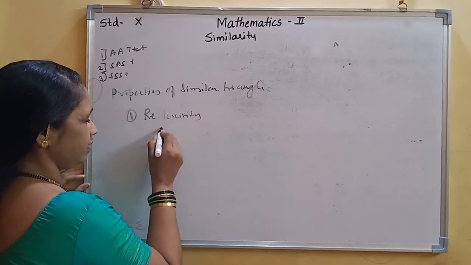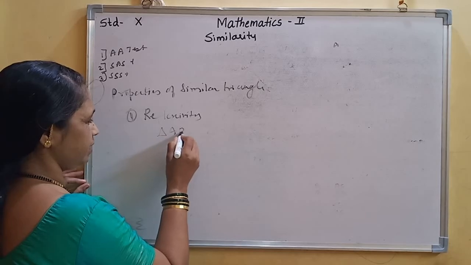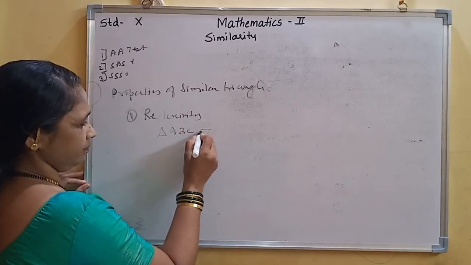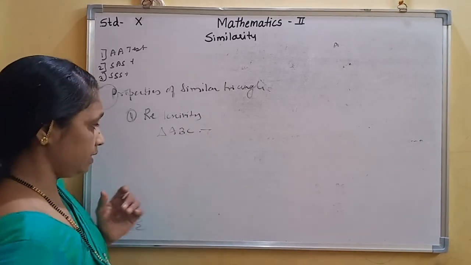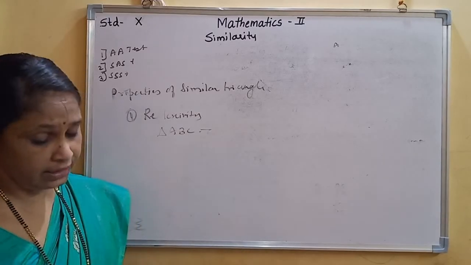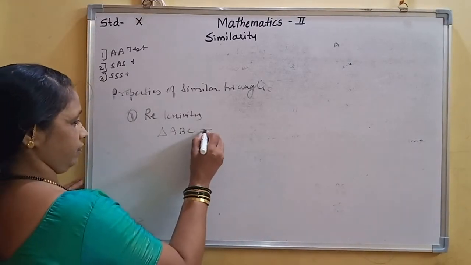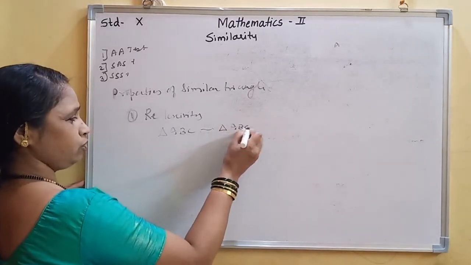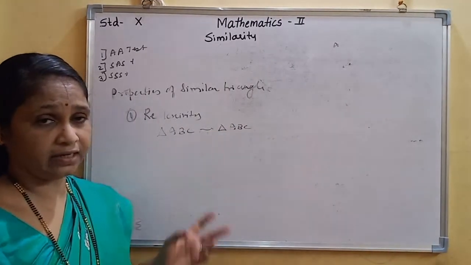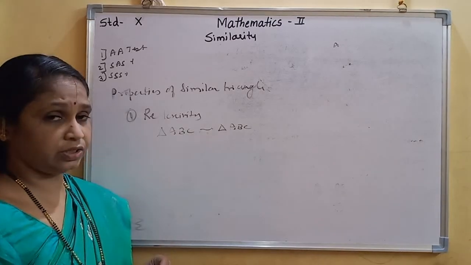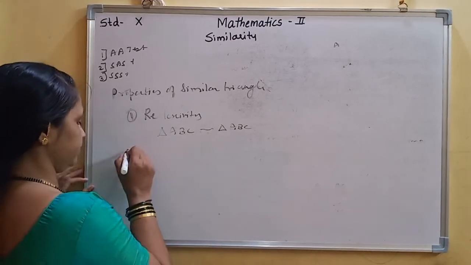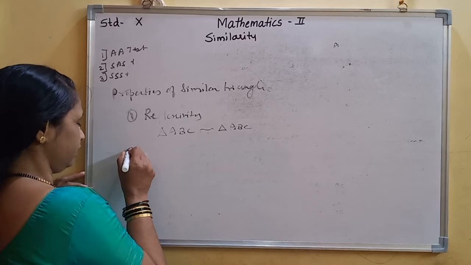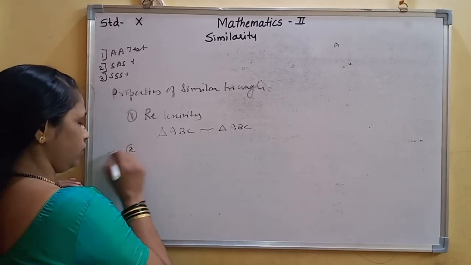In this, a triangle ABC is similar to itself, to ABC. Then we can say that this triangle is similar by reflexivity. In reflexivity the triangle is similar to itself.